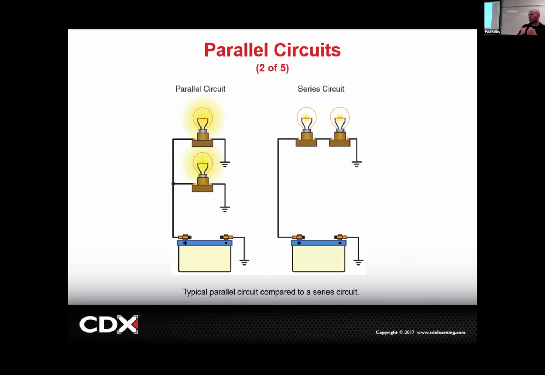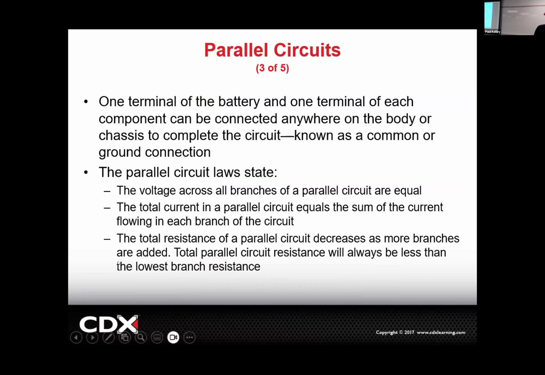See, in a parallel, you get 12 and I get 12. Pretty cool, right? Sounds better. Better in a way, but different. Different if it fails. And then, the total current in a parallel circuit equals the sum of the current flowing in each branch circuit.